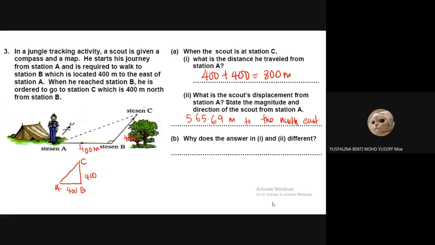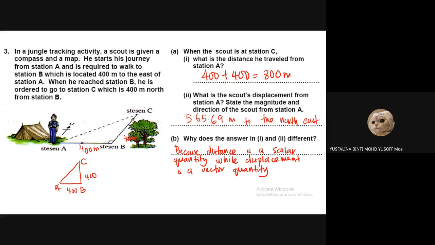So this one you already state that the distance only has magnitude, right? For the displacement, it has the magnitude and also the direction. Okay. So vector quantity.